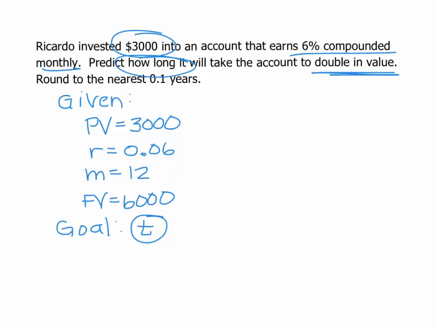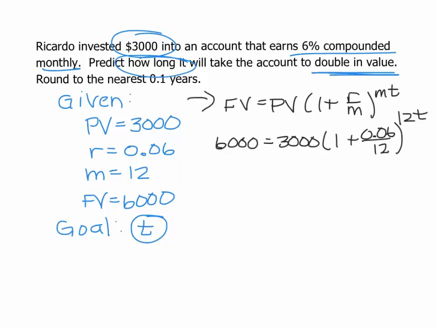Let's plug in the values that we know and see if we can find a way to solve this. I used my regular compound interest formula and I plugged my 6,000 in for my future value, my 3,000 in for my present value, my R divided by M, and my MT. Now, the thing that's unusual about this is the variable that we're trying to solve for is that t that is inside our exponent.